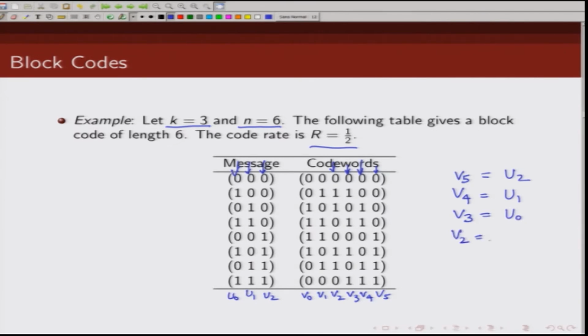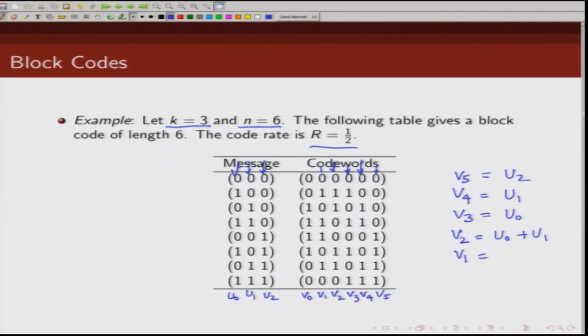V2 was U0 plus U1. Now, let us look at V1. If we look at these two, U0 plus U2.